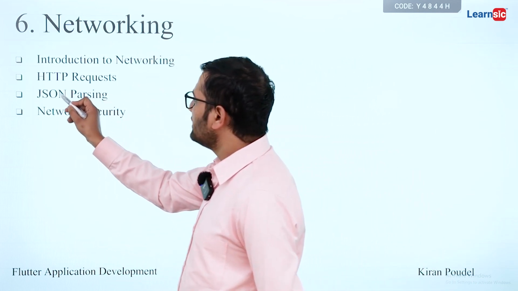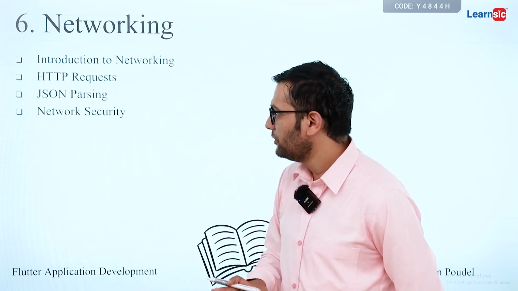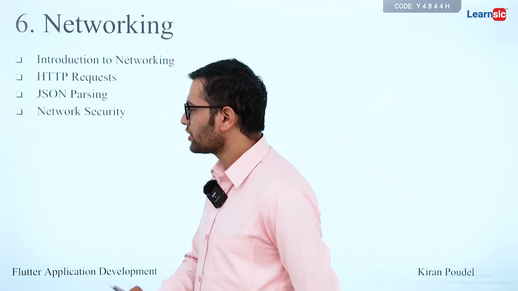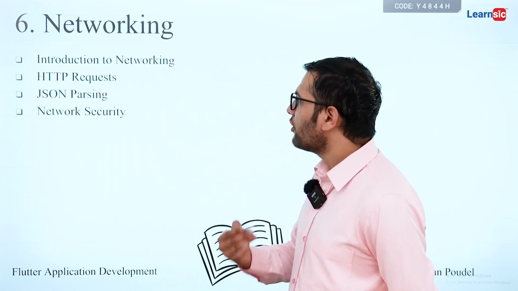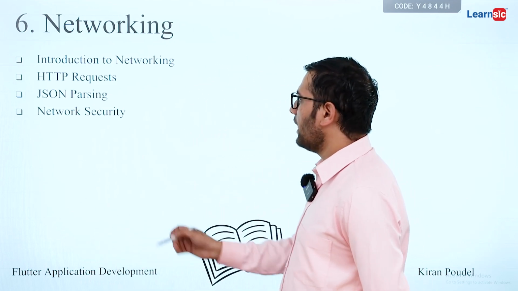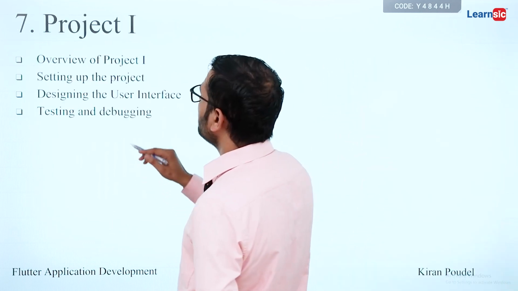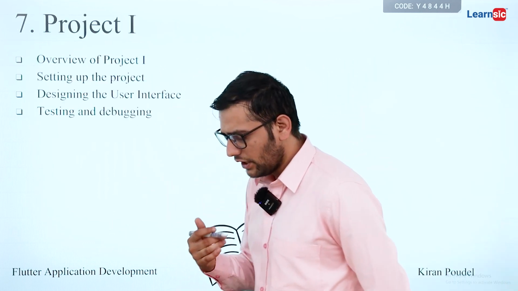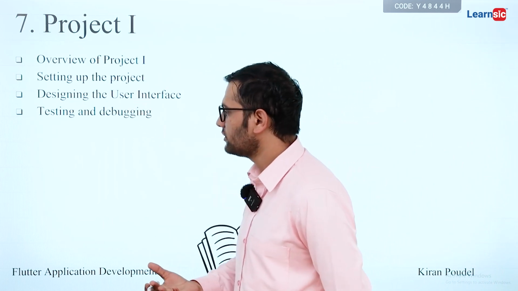The most important thing while handling the response from HTTP is JSON parsing. So we will discuss from the very basic concept about JSON, how to parse it, and how to secure our network call as well.